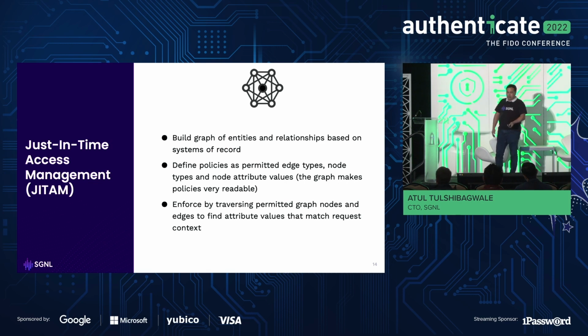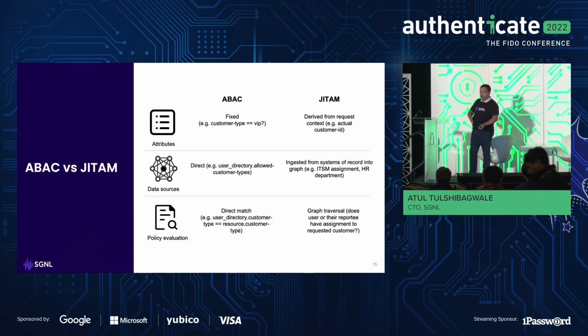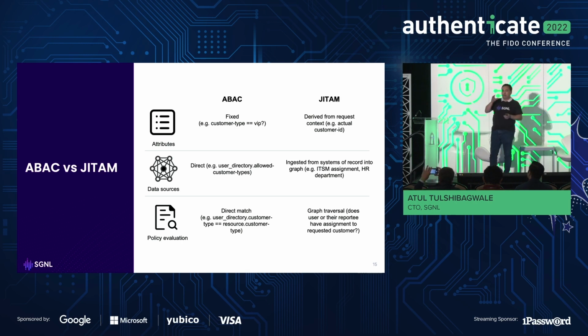And so this is what just-in-time authorization is, right? And people always ask me, okay, isn't this the same as attribute-based access control, right? And so the difference is subtle, but it's important that in attribute-based access control, you're really looking for fixed attributes, right? You're looking for saying, is the certification type of the pilot the same as the plane type, right?